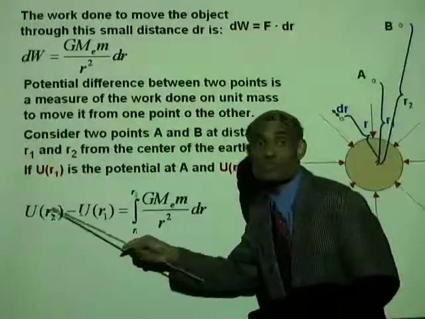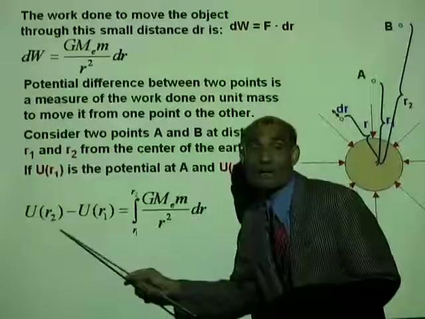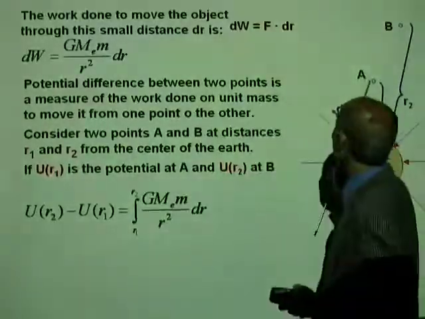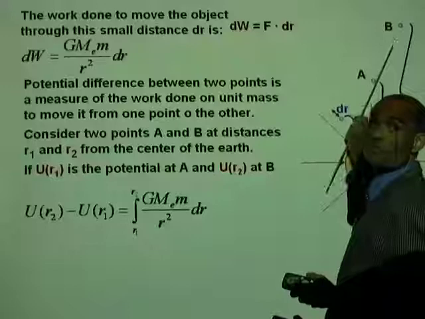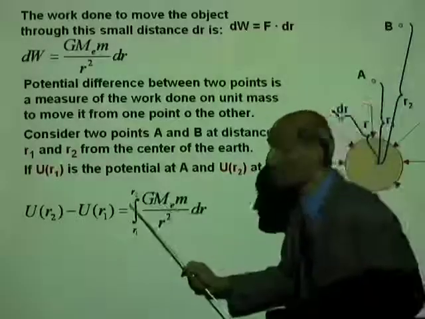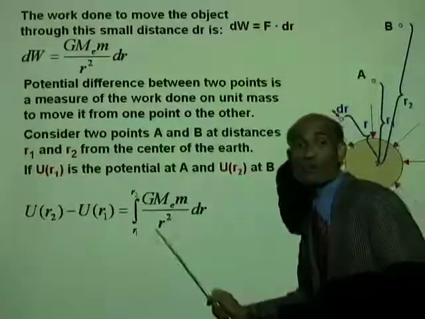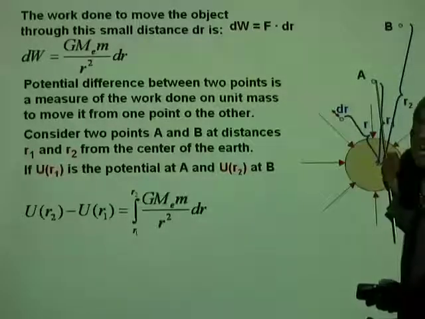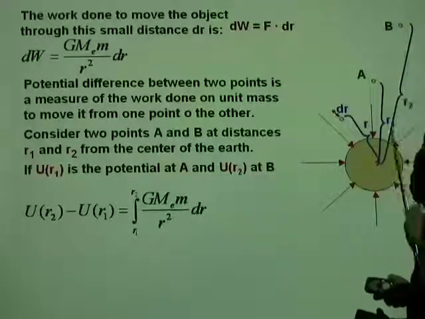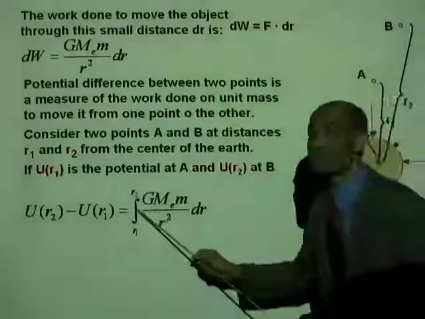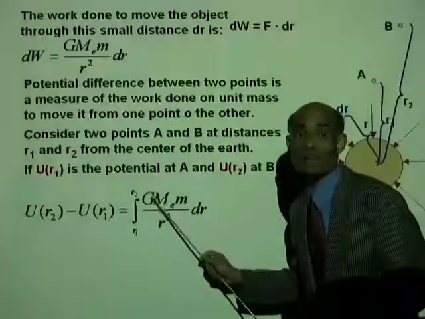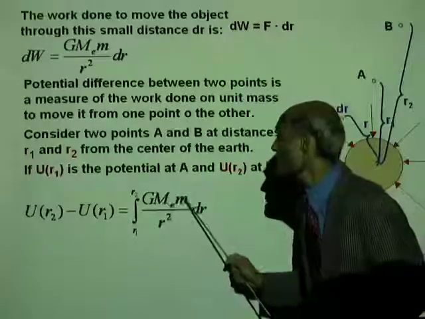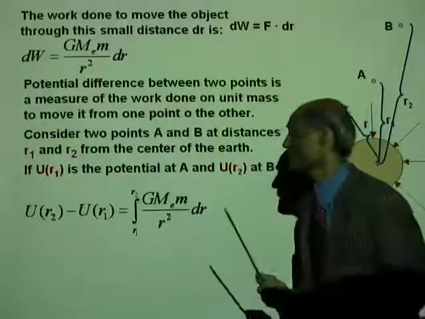So U(r2) minus U(r1), which is the potential difference between the 2 points A and B, is a measure of the total work done in moving the object from a distance r1 to a distance r2. It is the integral from r1 to r2 of G M_E m over r squared dr.